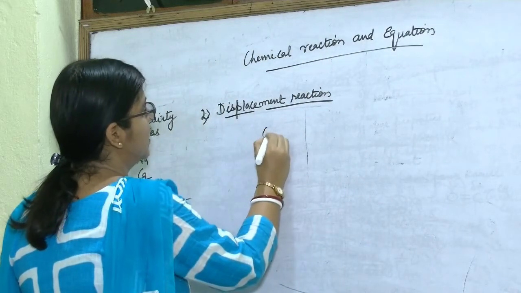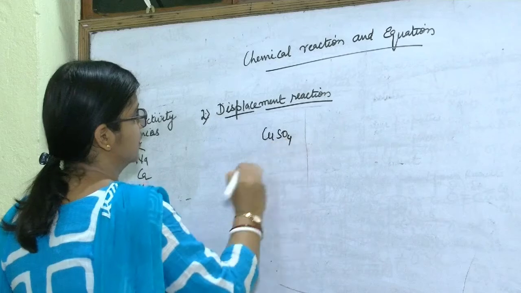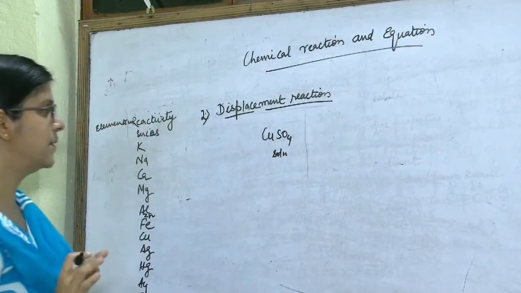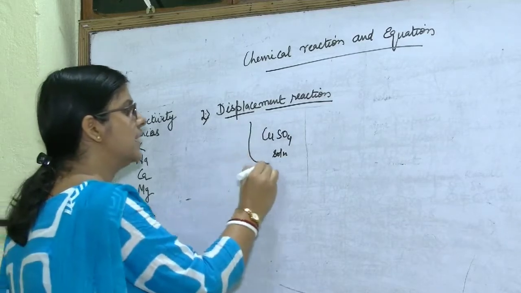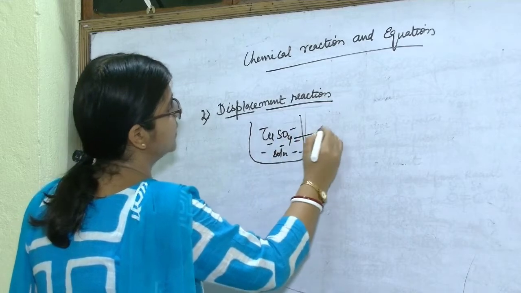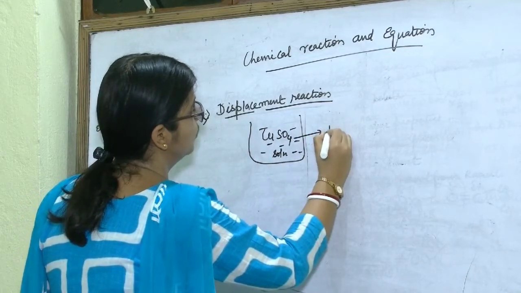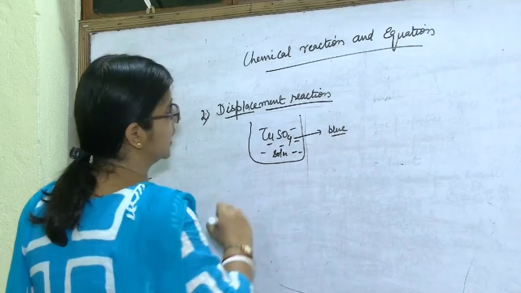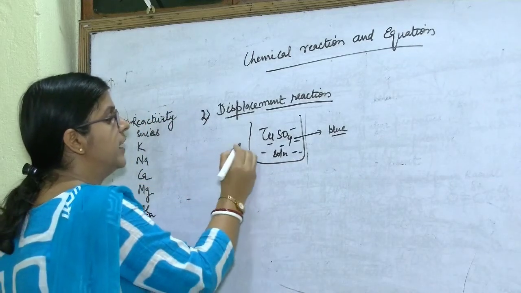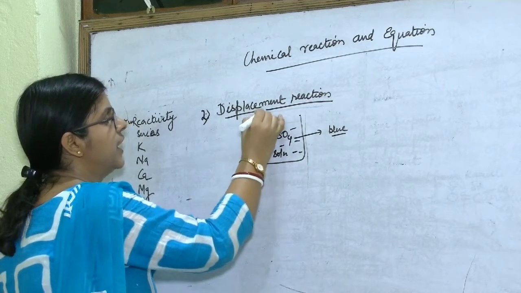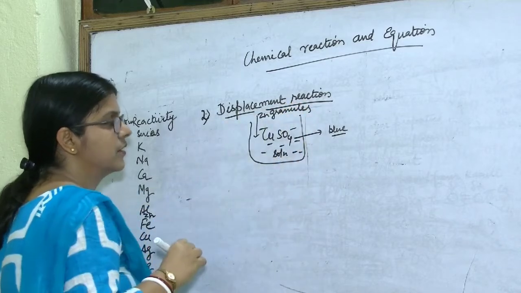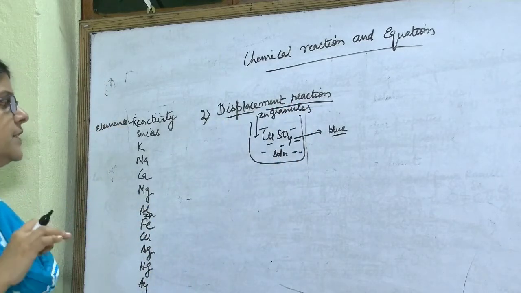Suppose you are given copper sulfate solution. What is the color of copper sulfate solution, students? The color of copper sulfate solution is blue, Prussian blue. Now, if you add some zinc granules to it, then what will you see?